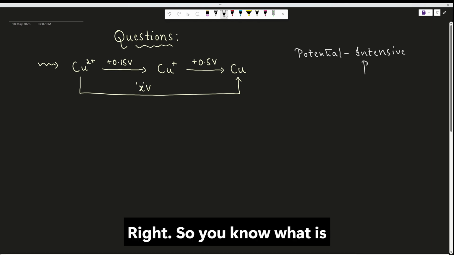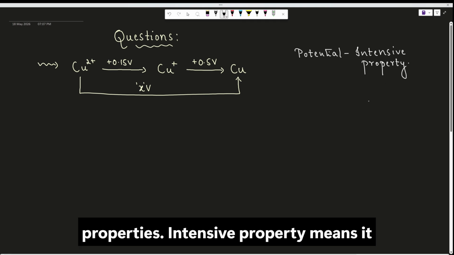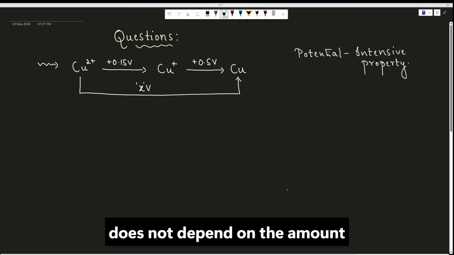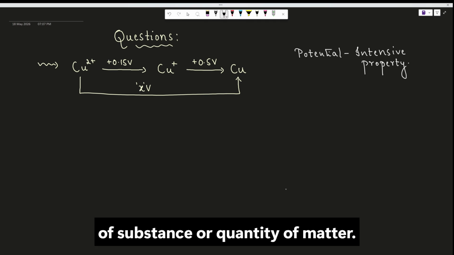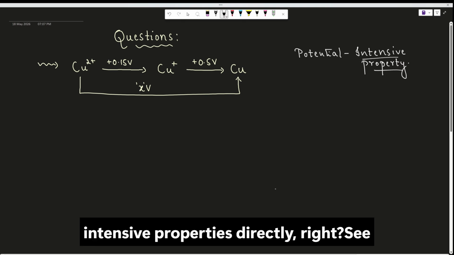Right. So you know what is the meaning of intensive and extensive properties. Intensive property means it does not depend on the amount of substance or quantity of matter. Okay. So you cannot add these intensive properties directly.